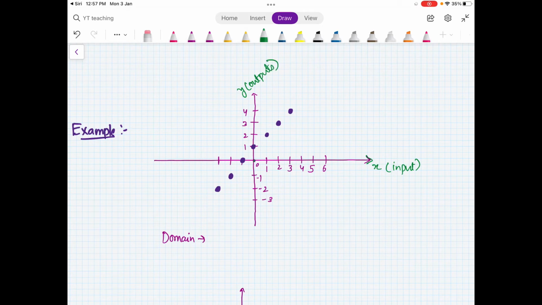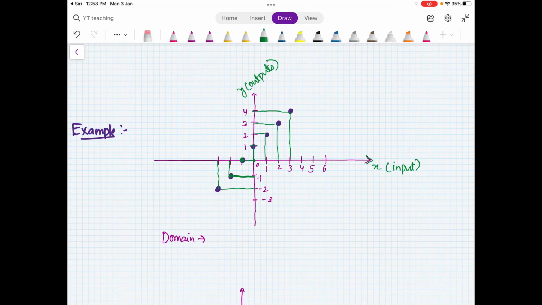This point corresponds to this value of x and this value of y. This point here corresponds to this value of x and this value of y. Here this is the x and this is the y.